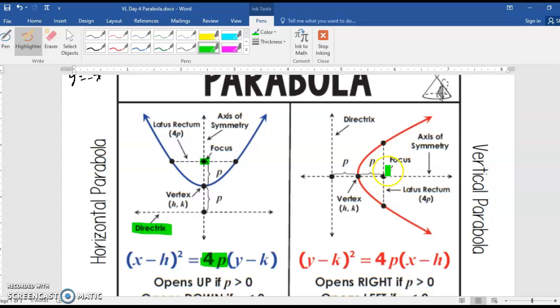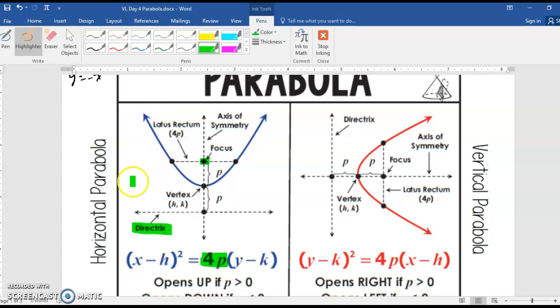The focus is still inside the curve. The vertex is exactly between the directrix and the focus. So the directrix is vertical this time.